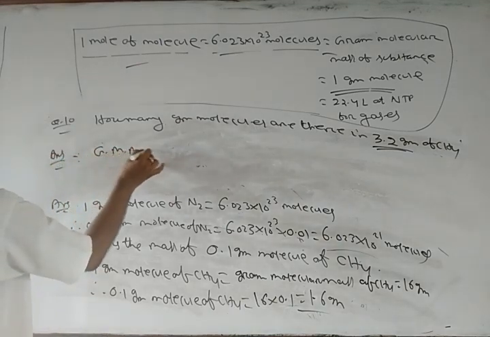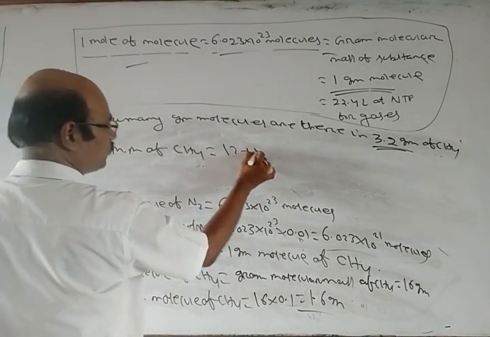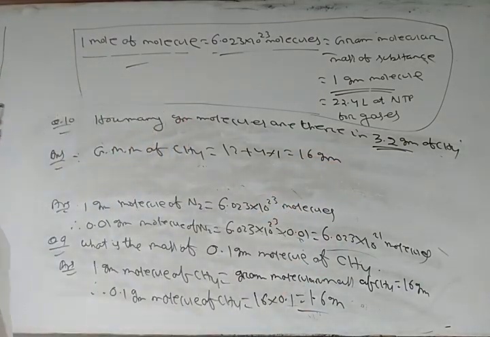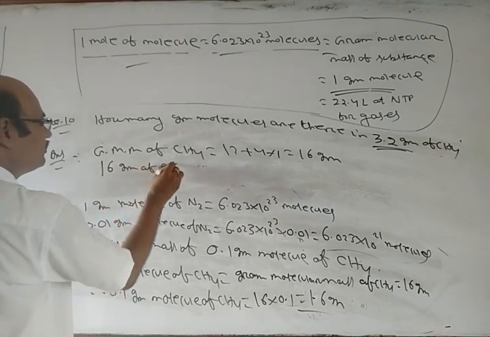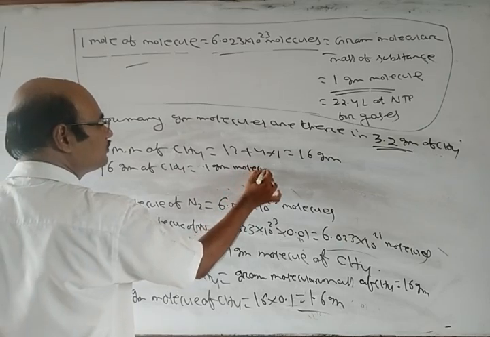Gram molecular mass of methane equals 12 plus 4 into 1, which is 16 gram. Now 16 gram of methane is equal to 1 gram molecule of methane.